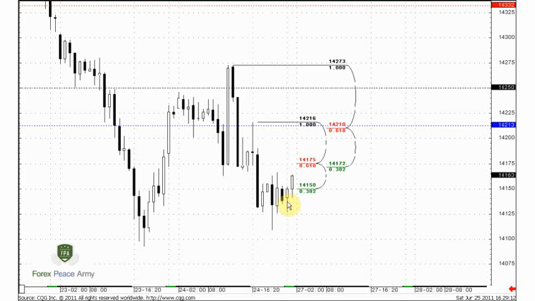Okay, so I think the preferable scenario is to search for entry from that area. Drop your time frame to the 5-minute charts, and probably you will see some reversal patterns in that area, some sell signals, and take them. The stop should be placed at least above that area, somewhere around 142.25 in terms of the futures quotes.